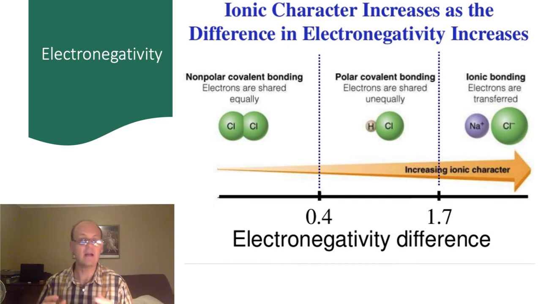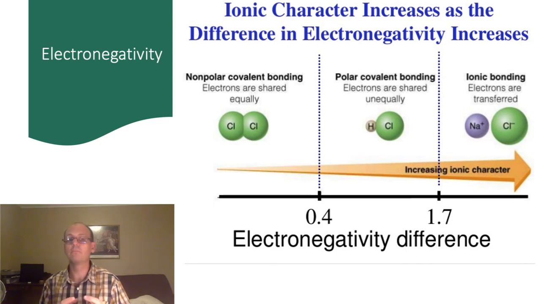Now, let's get back to why some atoms form covalent bonds and others form ionic bonds. The difference lies in how big of a difference in electronegativity there is between the two atoms. Take, for example, 2 chlorine atoms. They have the same electronegativity and therefore pull at the electrons equally. This results in sharing the electrons, or a covalent bond. On the other hand, sodium and chlorine in salt have very different electronegativities.